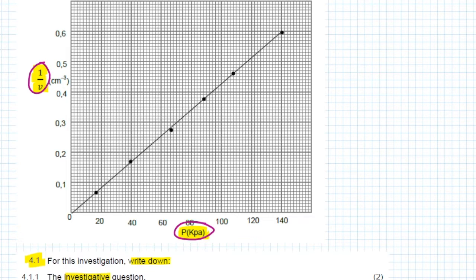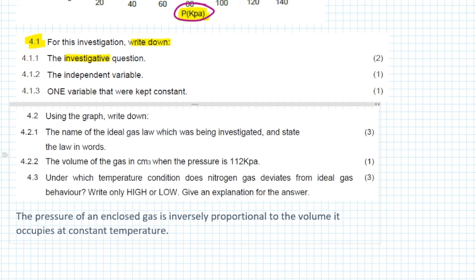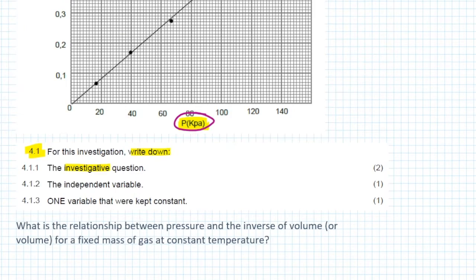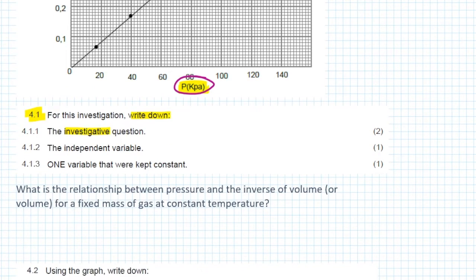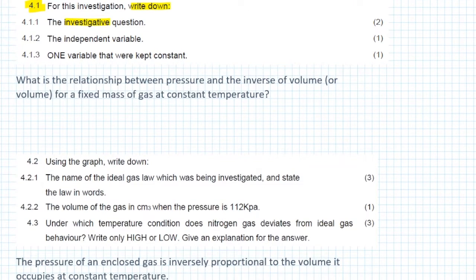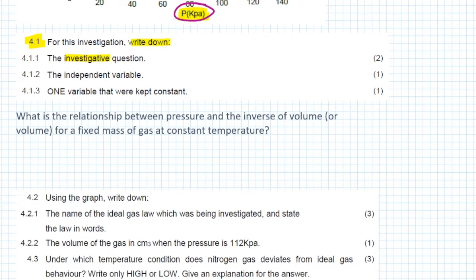So again, we're interested in the relationship, and that is why all of our investigative questions start off by saying, what is the relationship? If the question is out of 2 marks, as in this case, then we're going to give 1 mark for the actual independent and dependent variable that's mentioned, the pressure and the inverse of volume, or the volume.